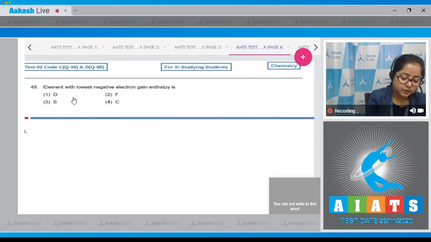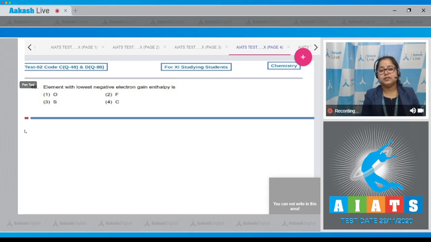Let's read it. Element with lowest negative electron gain enthalpy is. Students, for this question we need to know that as we move left to right in the modern periodic table, the value of negative electron gain enthalpy increases. And as we move top to bottom in a group, the value of negative electron gain enthalpy decreases.